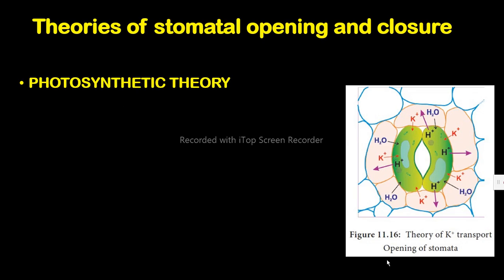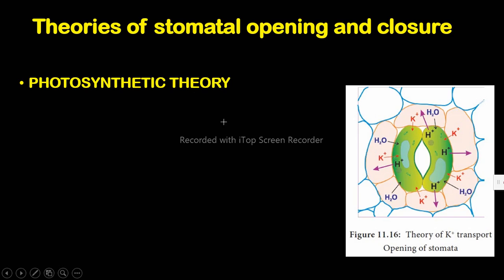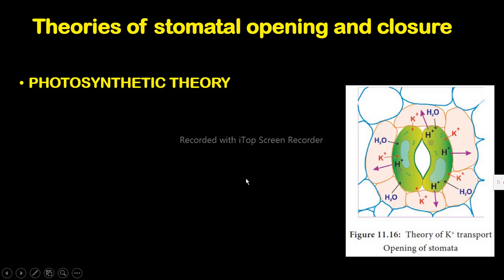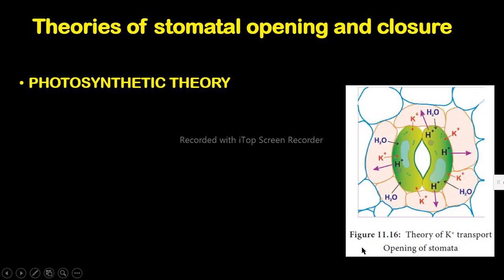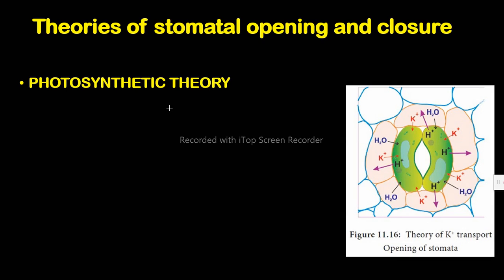Now here we are reminding ourselves. I know we studied this in transport. So here we have the photosynthetic theory, and it suggests that during the day, you can see our guard cell is green in appearance, and so it has chloroplasts and chlorophyll, so it is able to carry out photosynthesis.